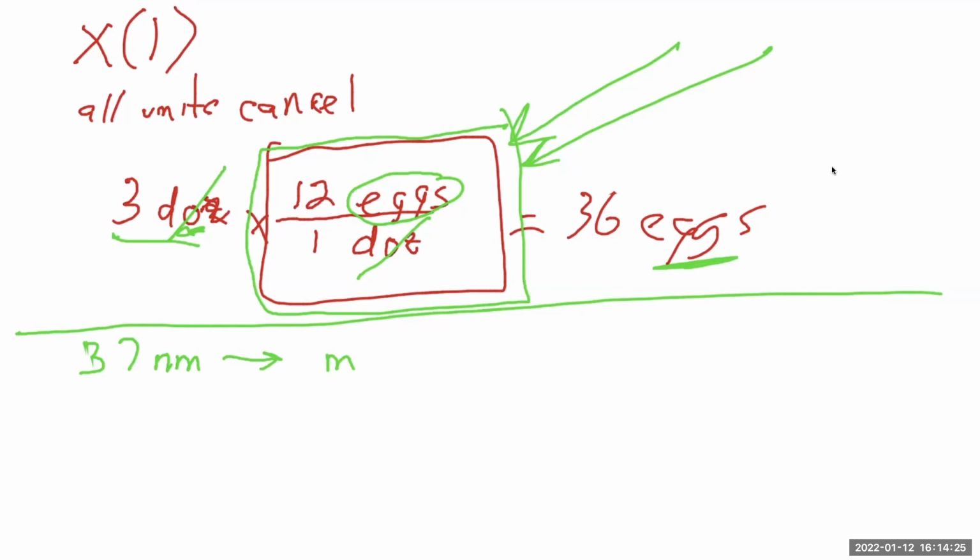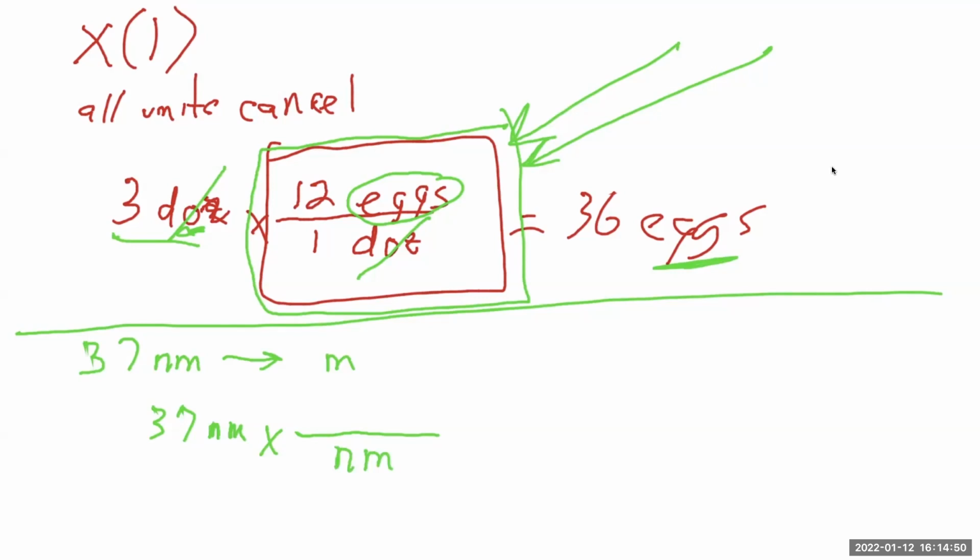Right now we're starting with 37 nanometers. We do our times and we draw a line. Now, what do we put on the bottom? What units? This is nanometers here, and we want meters. So nanometers has to go on the bottom.